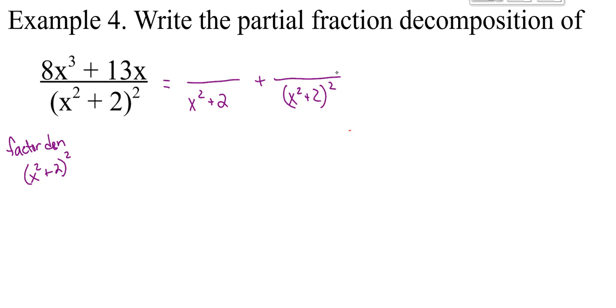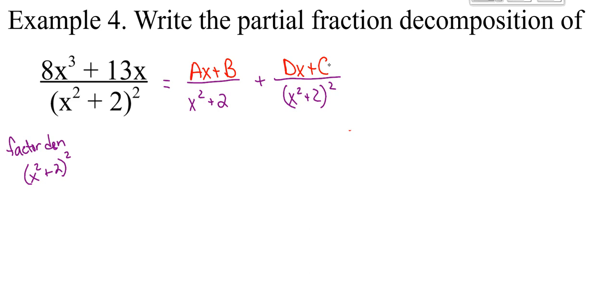So that's a little tricky thing too. Every factor, we have to have represented as a denominator for every power up to the power that it's given at. Now, those are both quadratics, so we have to call our numerators ax plus b and dx plus c as we go.